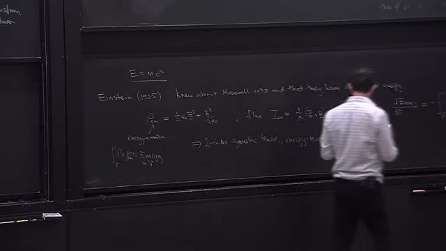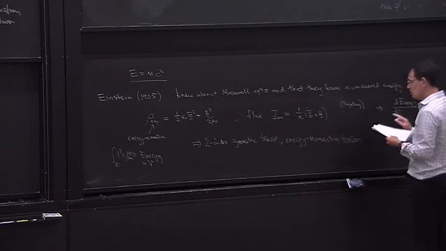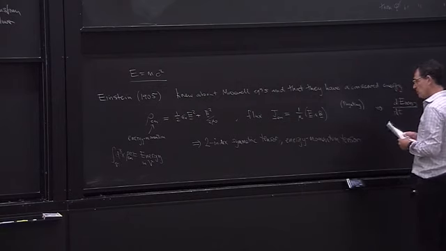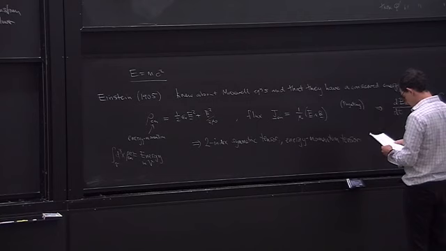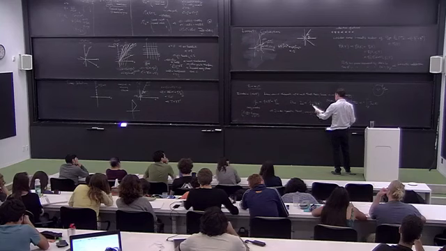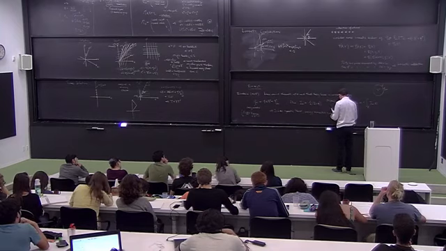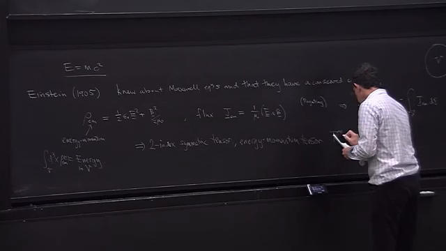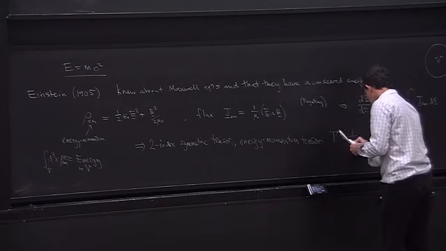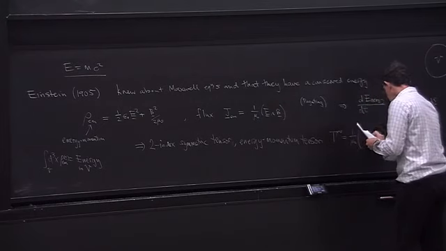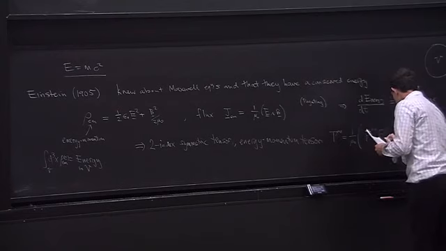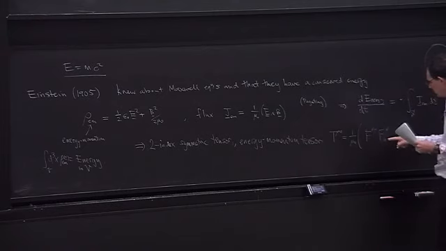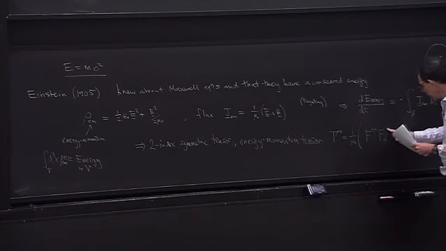Now we combine these two quantities not into a four-vector, but into a 2-index symmetric tensor called the energy momentum tensor. And this was defined as follows: 1 over mu naught F alpha mu F alpha nu. So we're going to be raising and lowering indices on the F. It's very important to keep track of which index is on the left and which on the right, because it's antisymmetric.